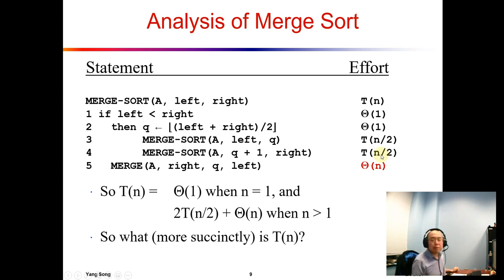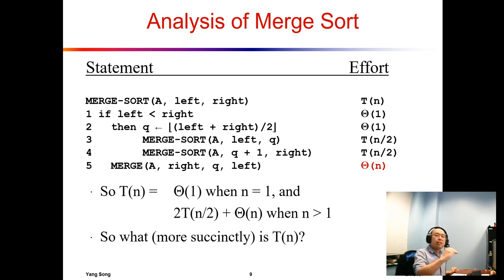Okay, but what do we miss? How about the base case? For the base case, we check this line of the code, and the left and the right are the same value, and then we do nothing. We just do one check, right? So if we hit the base case and line 1 is false, we have nothing to do, and that is a constant time algorithm.